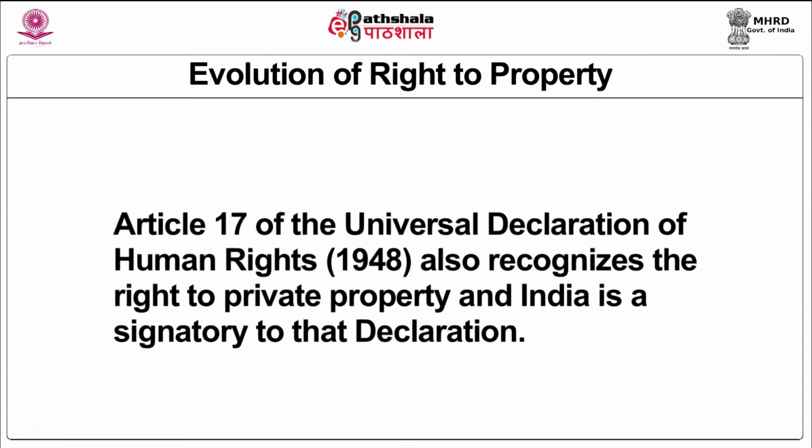Article 17 of the Universal Declaration of Human Rights also recognizes the right to private property, and India is a signatory to that declaration. The Constituent Assembly also examined the constitutions of diverse countries which guaranteed these basic rights to property.